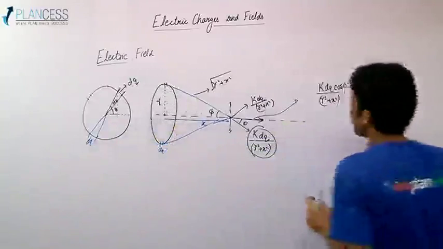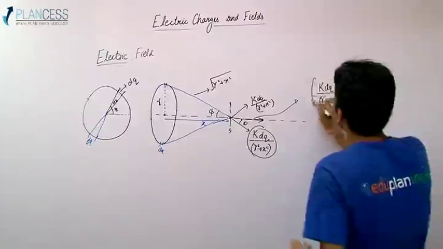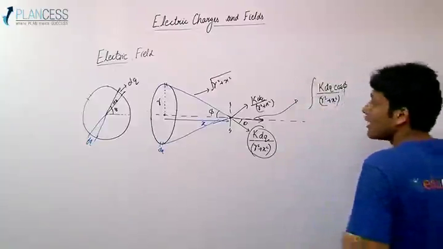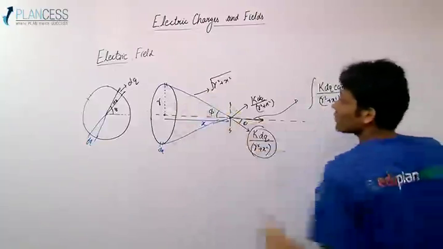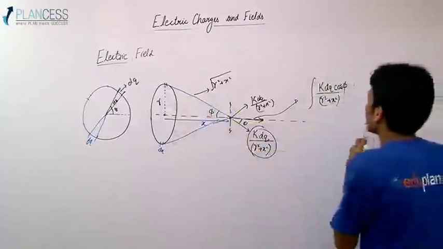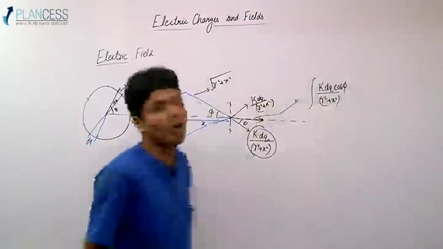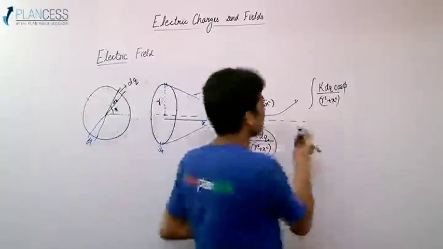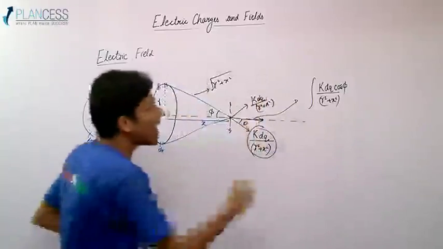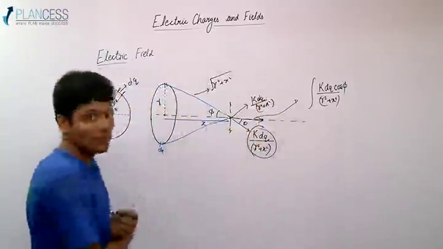The total field would be k dq cos phi upon r square plus x square integrated with respect to theta, where theta varies from 0 to pi. For that we have to write dq in terms of d theta.